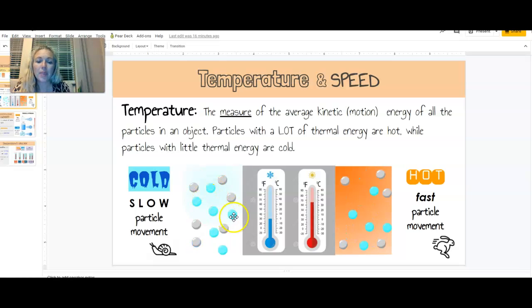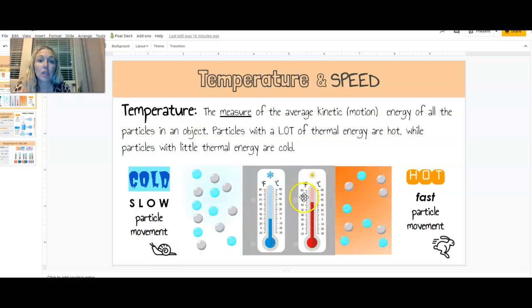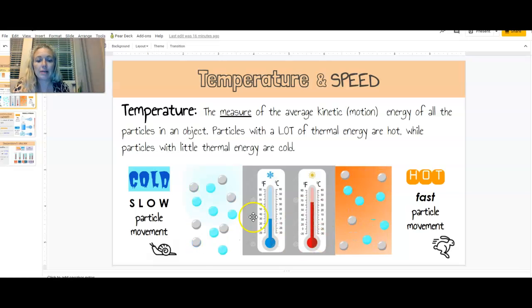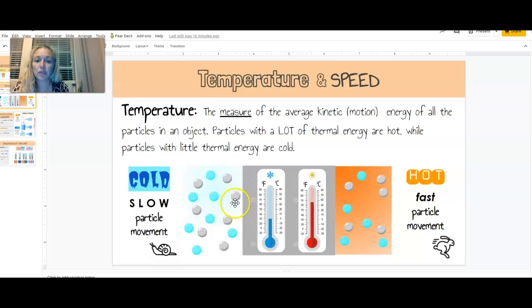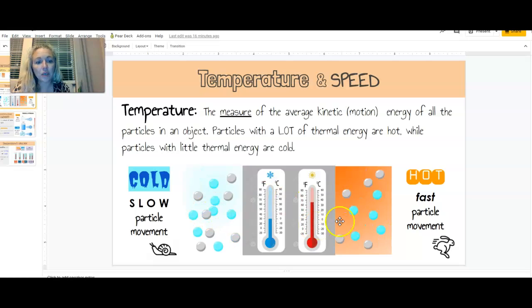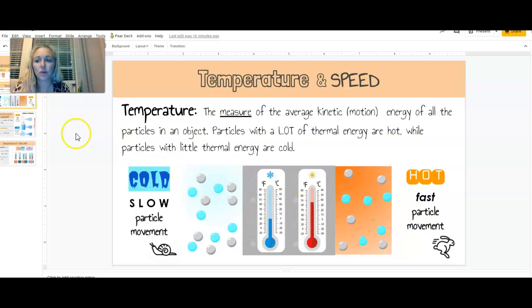So everything has a little bit of thermal energy, and if it has a lot of thermal energy, then that's what feels hot to us. If it has not that much thermal energy, then it's going to feel cold, and that has a direct relationship with how quickly the molecules in a substance are moving.